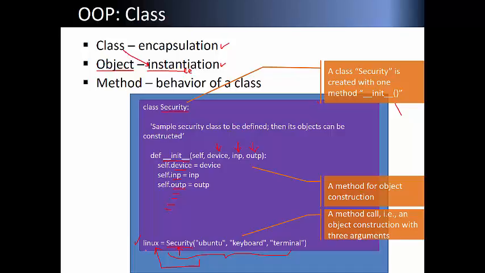What is the beauty of this? Can you do your programming without that object orientation in Python? Of course you can. What about the efficiency? Less efficient. Why?